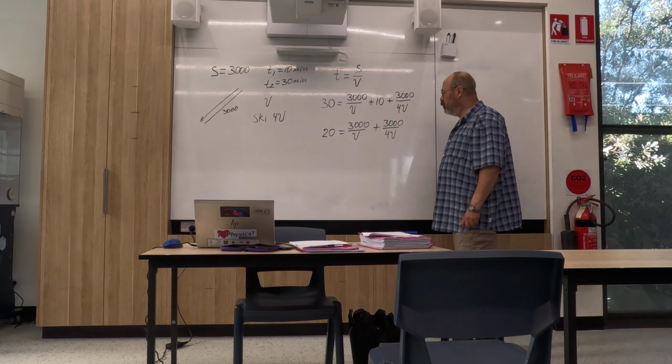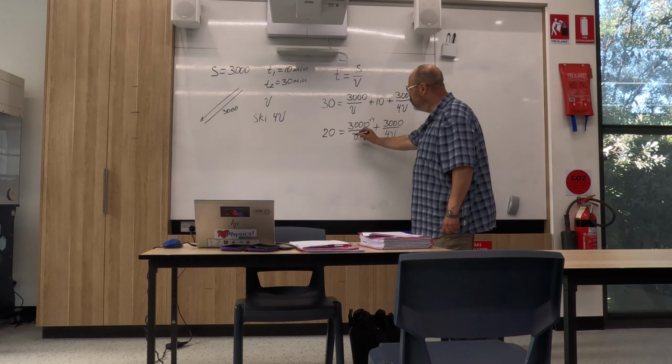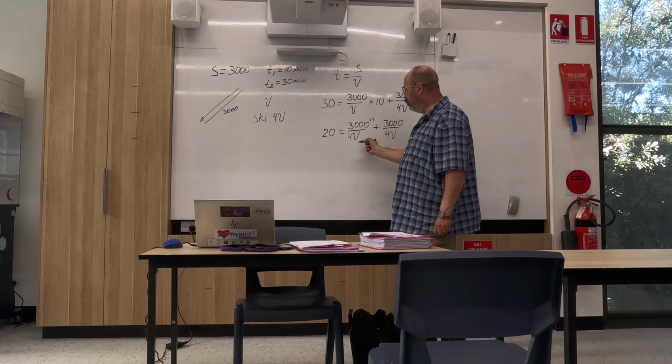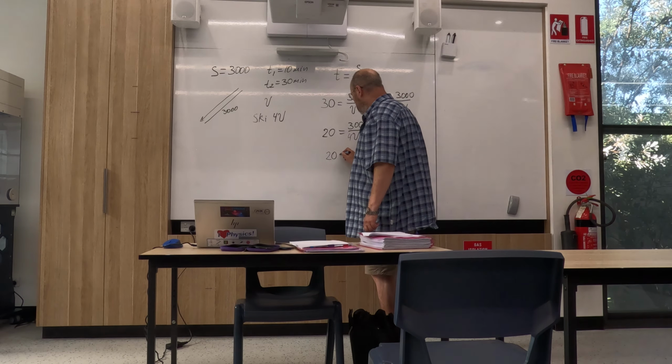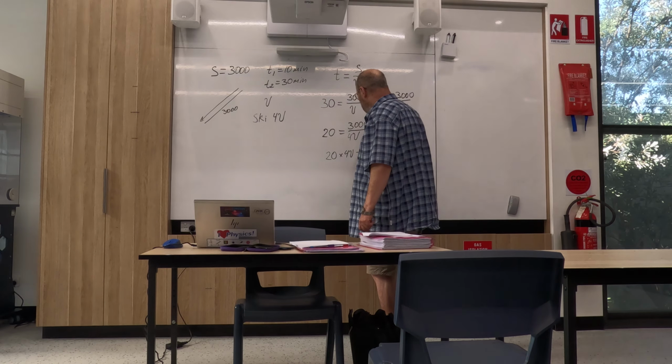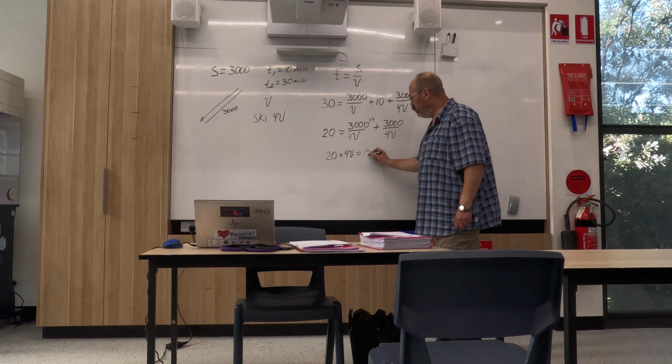So bring into common denominator, times by 4, move 4v to the left, so we have 20 times 4v will be equal to 15,000.